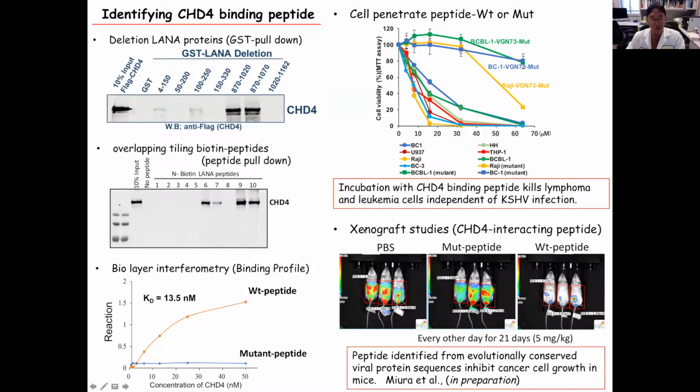We further confirmed this in a xenograft mouse model. We see that this wild type peptide can inhibit tumor growth in the mice. Another good thing is that this peptide itself does not kill the mice. So a peptide identified from the evolutionarily conserved viral protein sequence among gamma herpesviruses inhibits cancer cell growth in the mice.